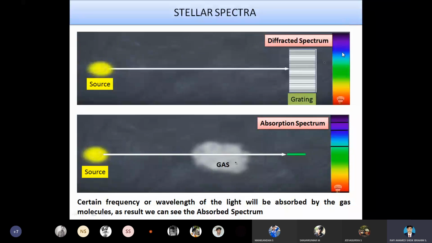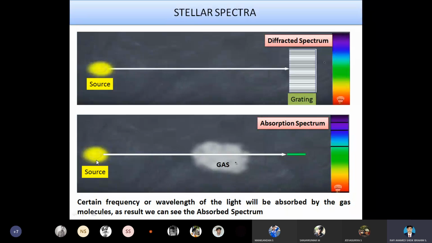See, this is the exact spectra. It starts from the violet and ends at the red. Here we can't see a gap. Fraunhofer lines are not present here. They are completely in a filled state.